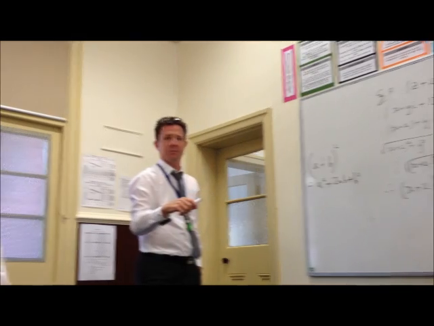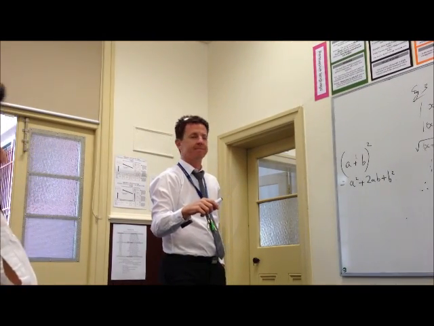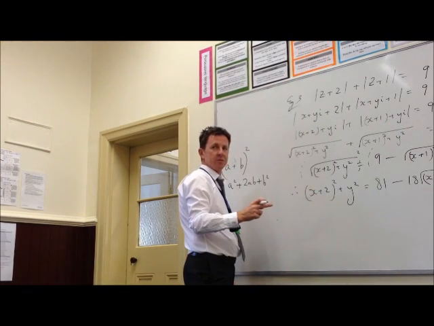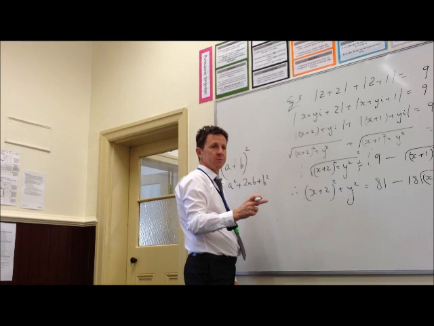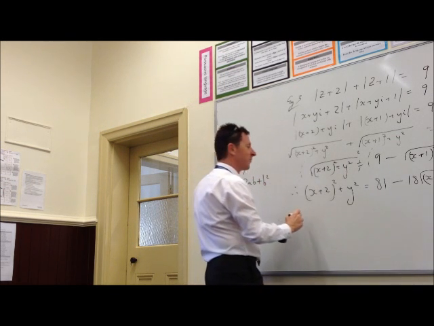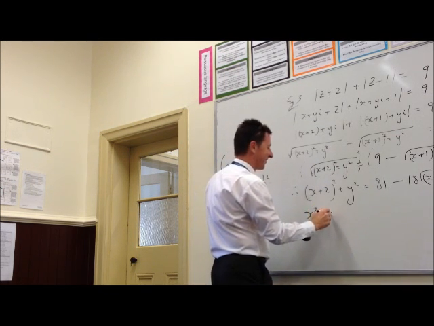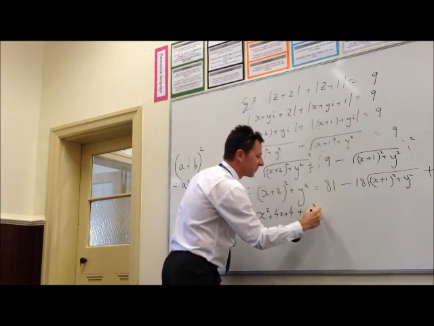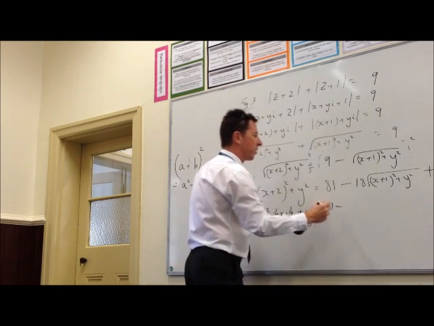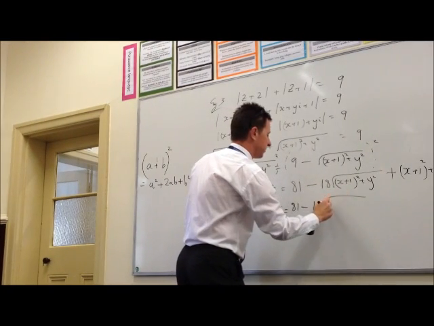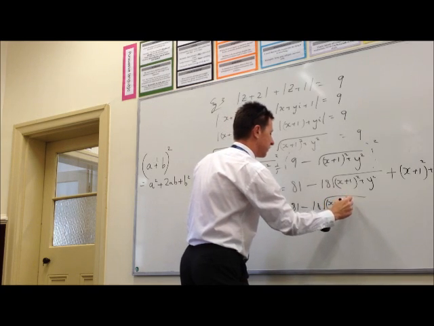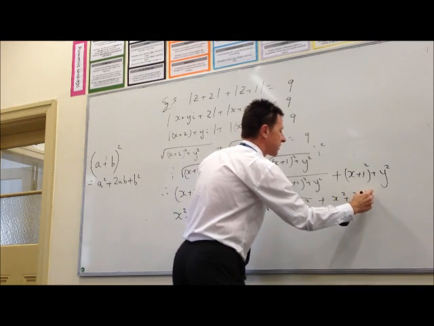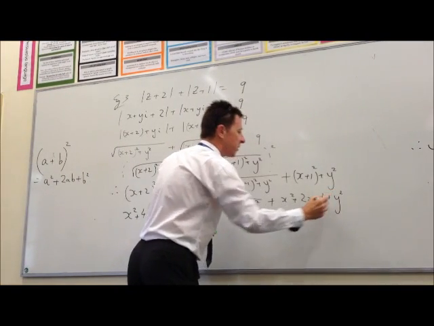Now it's just algebra. Let's expand. X plus 2 all squared is x squared plus 4x, sorry, plus y squared equals 81 minus ugly square root plus x squared plus 2x plus 1 plus y squared.